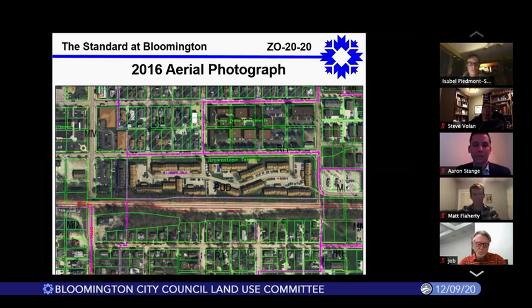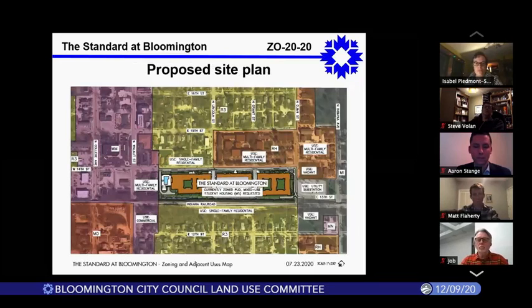So the site has approximately 700 feet of frontage along 14th Street, about 150 feet or so along Dunn Street to the east. The internal road that is on the site now is a private drive. And so the petitioners would be removing all of the existing buildings to make way for a new student-oriented development.